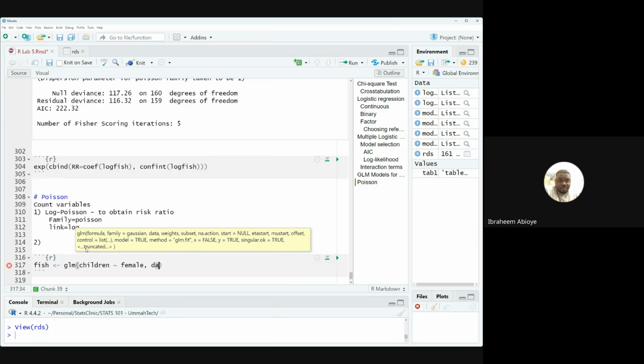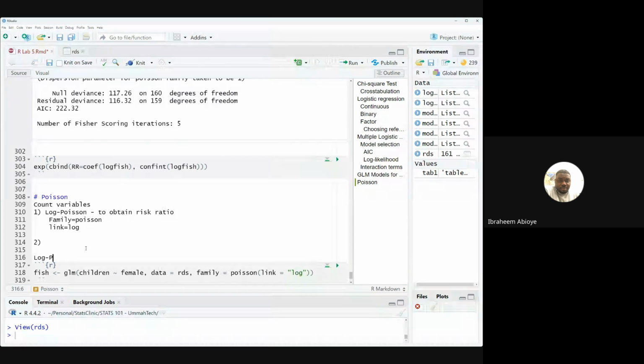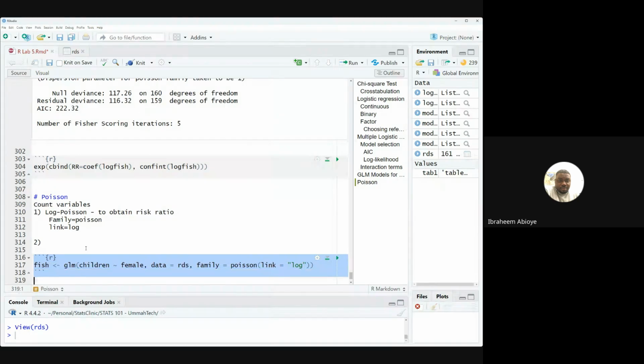Our data is RDS, and the family is Poisson. And the link could be log. Basically this is the log Poisson.